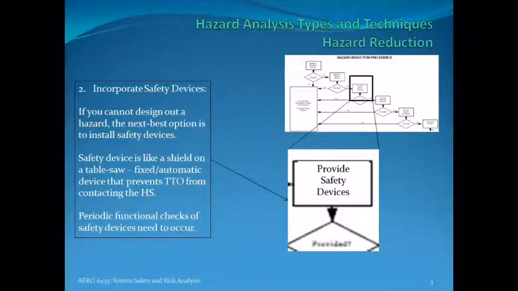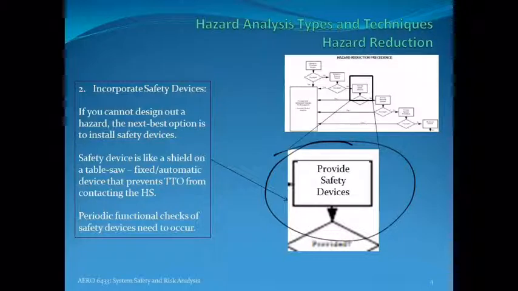So next down the line, if the system you are designing has hazards that cannot be designed out or mitigated through design, now you can provide safety devices. These are mechanical devices that shield the operator from getting to the hazard. The operator, the TTO, the potential victim, is shielded from getting to the HS, that's the hazard source.